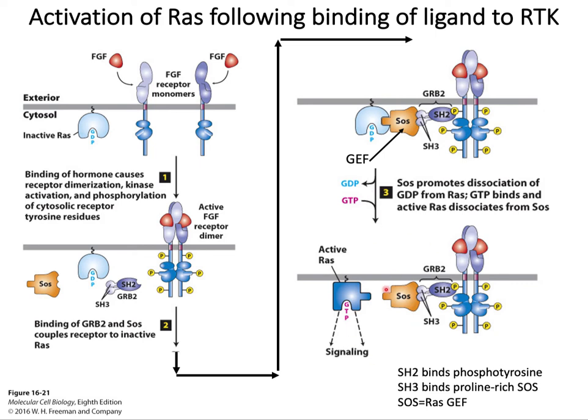So here are the steps once again. You have the binding of the ligand, dimerization of the receptor, then autophosphorylation of the tyrosine residues, recruitment of GRB2, recruitment of SOS. SOS is a GEF that then recruits RAS, and SOS facilitates the exchange of the GDP for the GTP, thus activating the RAS.